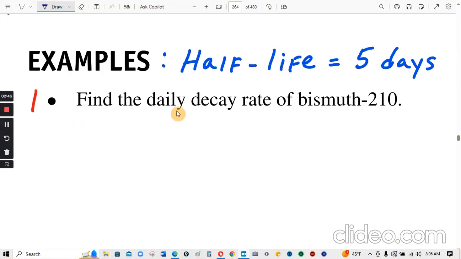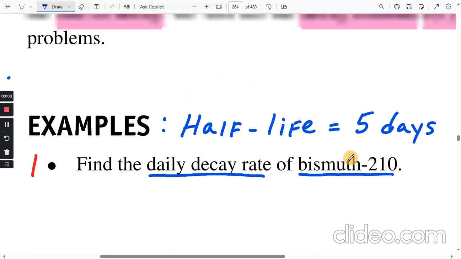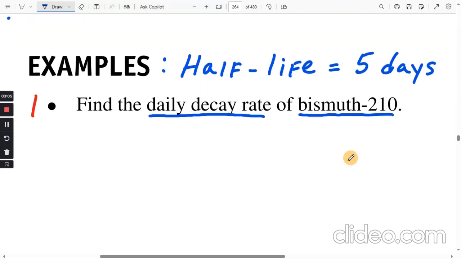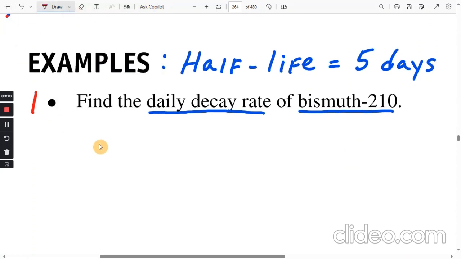Example 1: they want us to find the daily decay rate of bismuth-210. They gave us in the write-up that the half-life is 5 days, and we are using the decay formula. Since this substance is decaying, this is going to be a population decay.